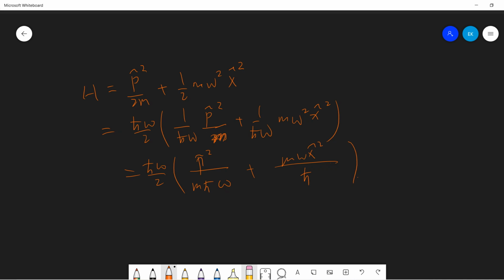Let me define p tilde to be p hat divided by the square root of m h bar omega, and q tilde to be the square root of m omega divided by h bar times x hat. So this can be written as h bar omega divided by 2 times p tilde squared plus q tilde squared.